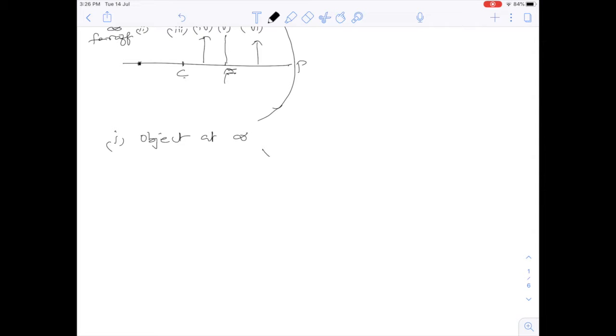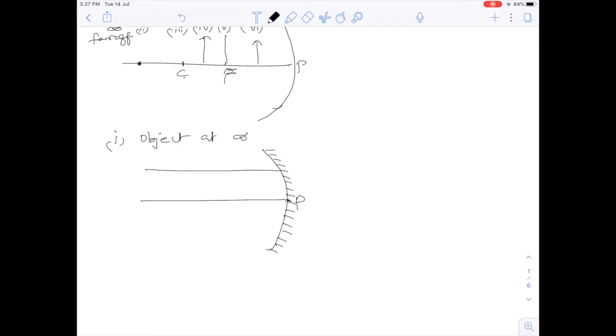Now let us consider a concave mirror, and this is the coated portion, and this is your P, the pole, which is at the center. Now infinity means from a far off distance.